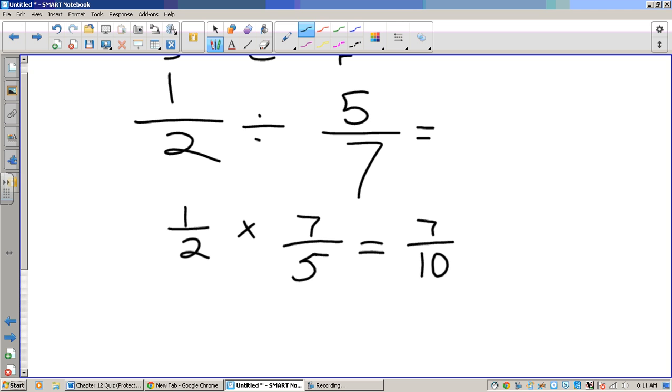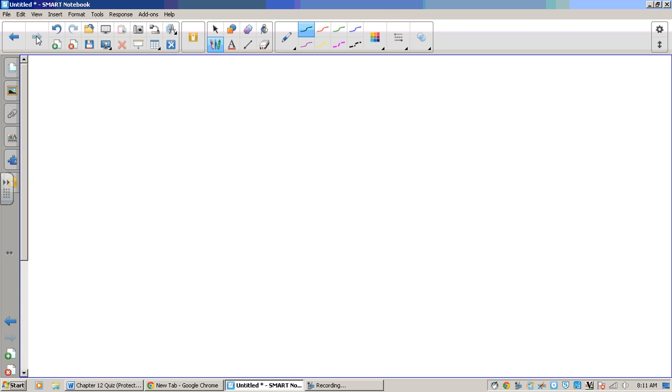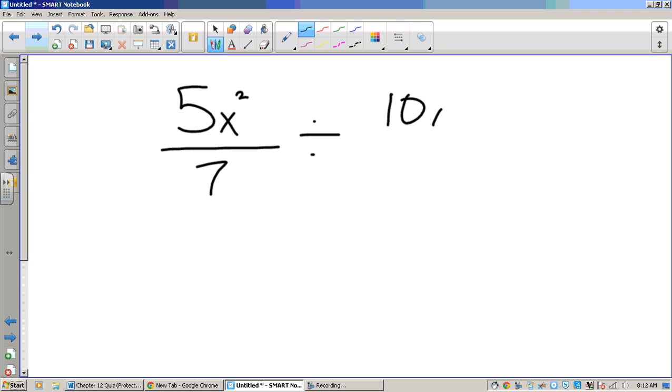All right, so knowing that, it follows the same rule with any rational expression, and that includes rational expressions with variables. So let's look at the example that is given to us in the book: 5x squared over 7 divided by 10x to the third over 21. What's the first thing that we should do?